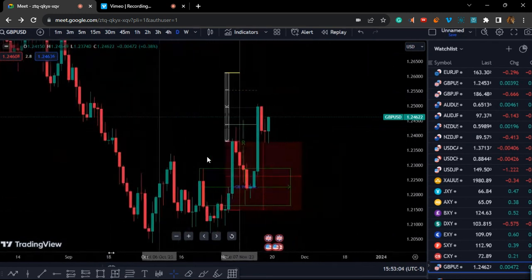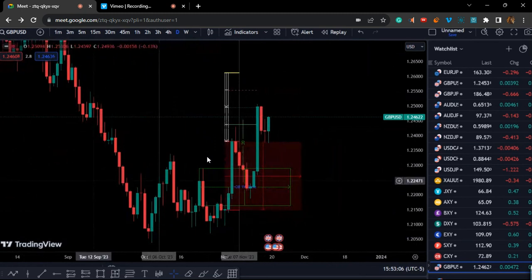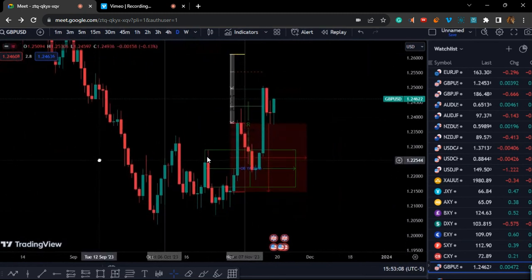All right, so we got the weekly bullish order block. Now you see price reversed off of what? Consequent encroachment. Now check this out. What's the definition of order block again? Last down close candle.